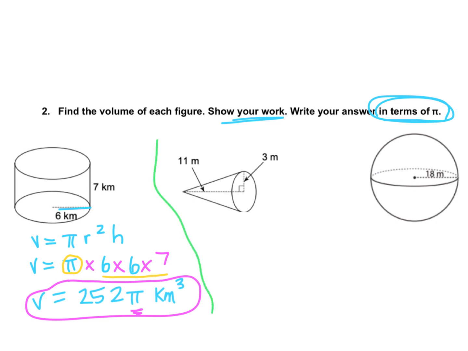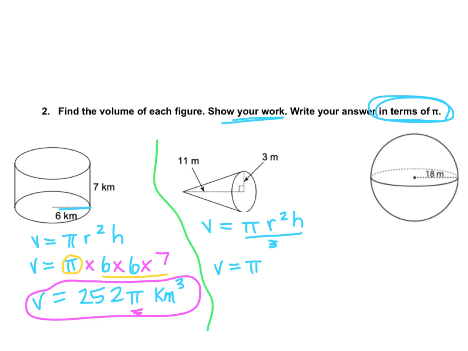The next one is a cone. And we're going to show all of our work. On your formula sheet, it's 1/3 pi r squared h. Some students like to do pi r squared h and divide that by 3. Either one will work. I'm going to show you the divide by 3.